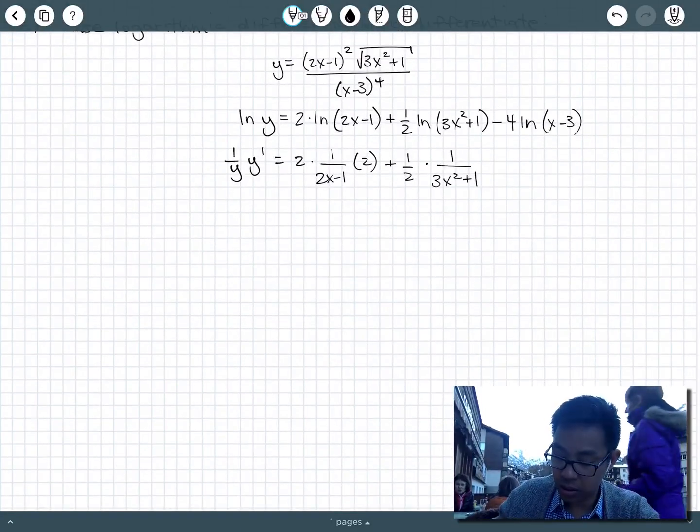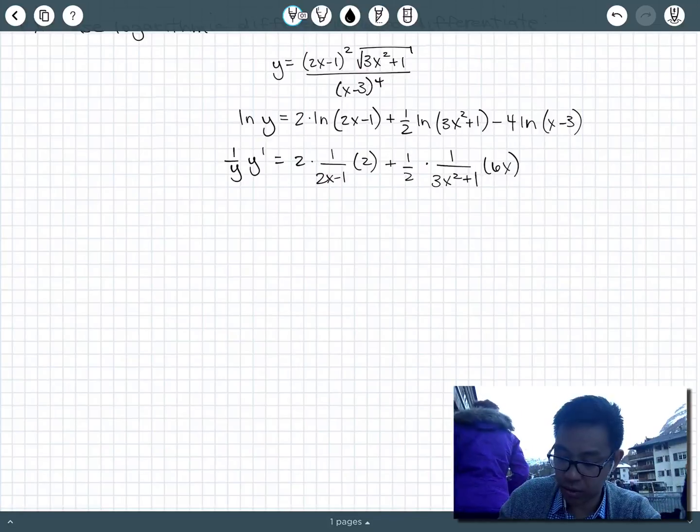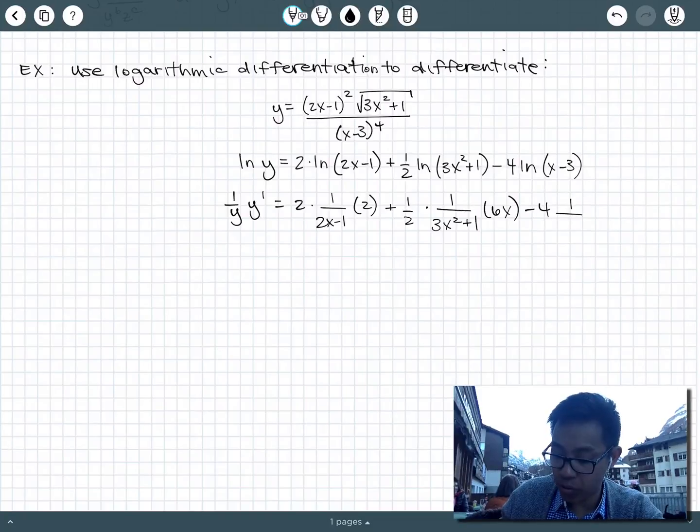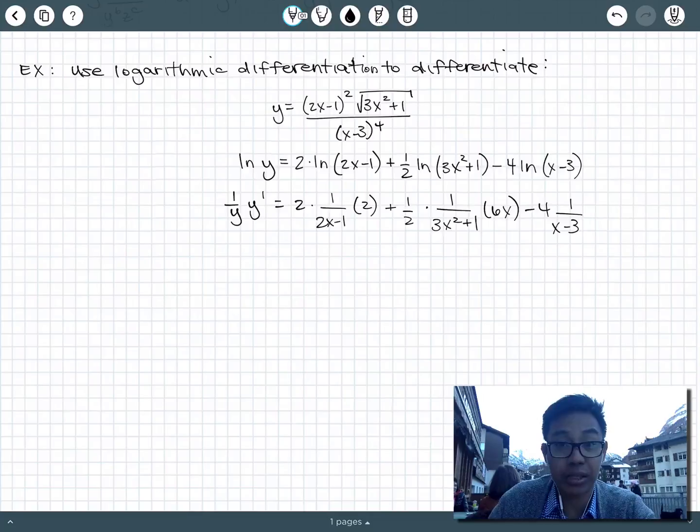Then we have minus 4 times 1 over x minus 3. The derivative of x minus 3 is just 1, so we don't really need to write anything.